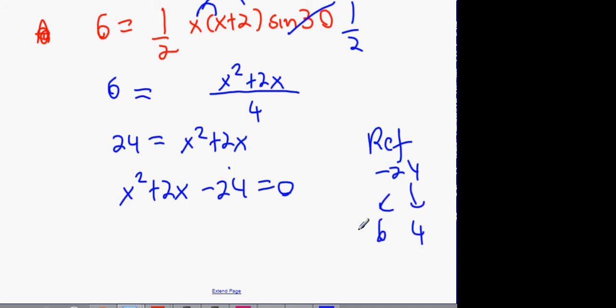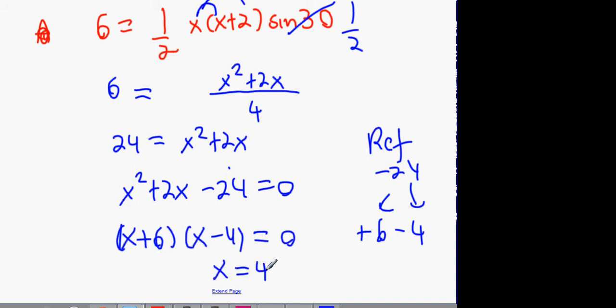Okay, so we're going to get x plus 6, x minus 4 equals 0. We're going to get x equal to 4, x equal to minus 6. One of them has to be ruled out. Which one is it? Minus 6, because length cannot be negative.